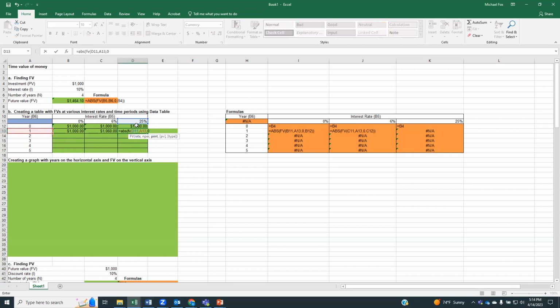Present value is 1,000. So we can see when we're earning 25%, that grows to 1,250. So now we could keep entering all of these things in, and it's a pretty slow process. Or we can use a couple little tricks here.